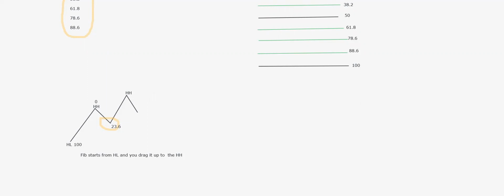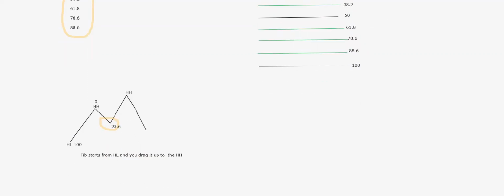All we're doing is dragging the 0% up to the next high, so we can eventually track our structure level. And the goal is to get this to 38.2 or below.